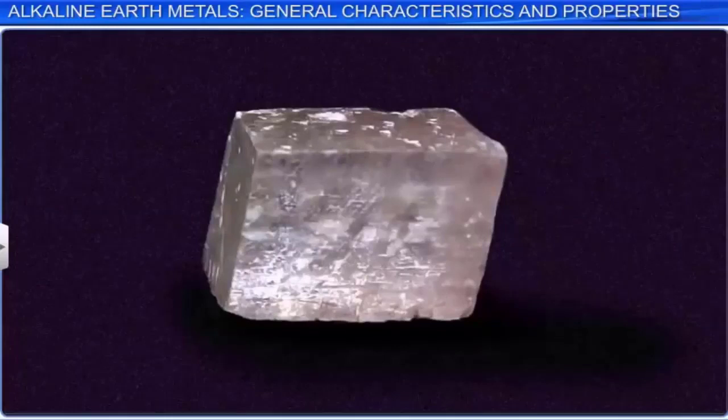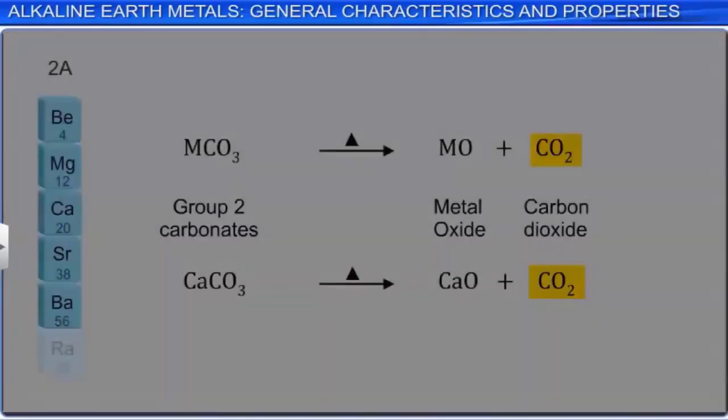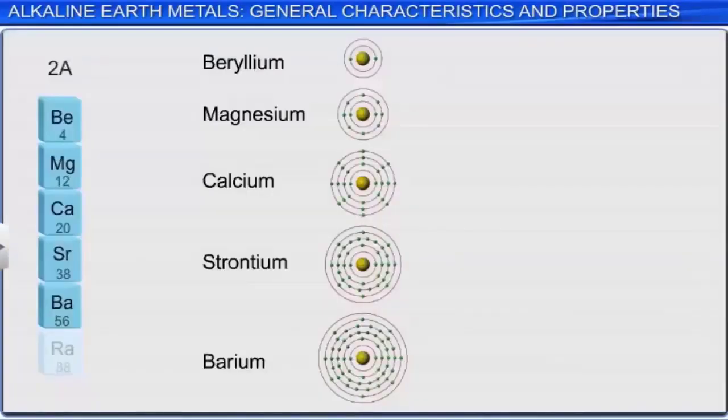One such reaction is shown here. A photograph of the mineral calcite, a naturally occurring form of calcium carbonate, is shown here. The group 2 metal carbonates decompose upon heating to form the oxide and carbon dioxide, as shown for calcium carbonate here.